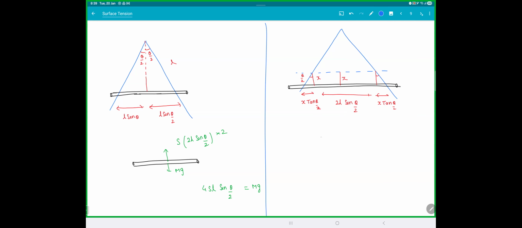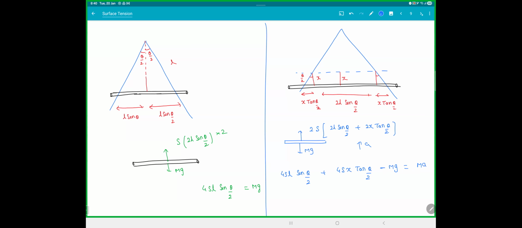Now what are the forces? So on the rod, it will be 2 into S into the total length, which will be 2L sine theta by 2 plus 2x tan theta by 2. That is the total length of the rod in contact with the soap film, and this will be your mg, and this will be your acceleration. You can clearly see this will be 4SL sine theta by 2 plus 4Sx tan theta by 2 minus mg is equal to mass into acceleration.